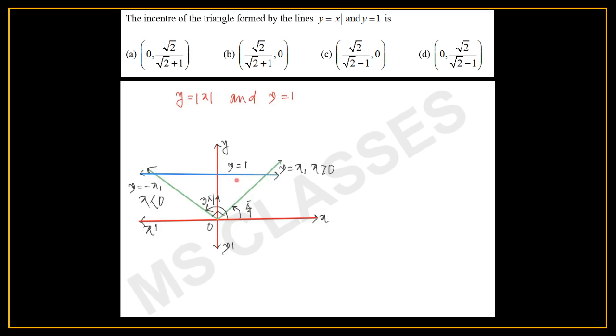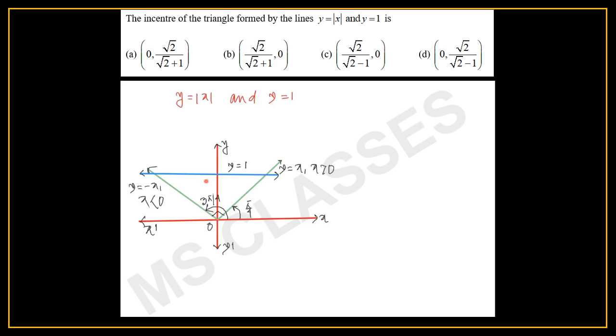So from here we can easily understand that the incenter should lie on this y-axis because the y-axis is the bisector of the angle at the point O. So the incenter should lie on this y-axis.